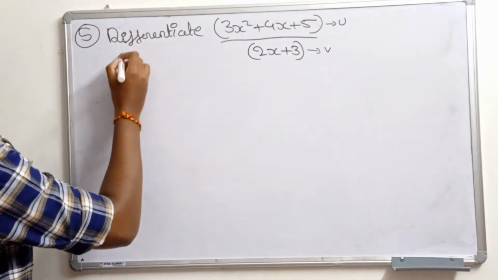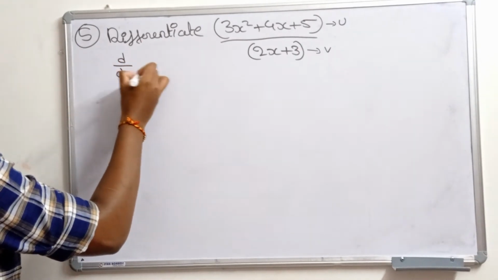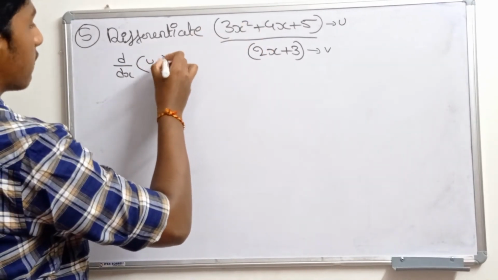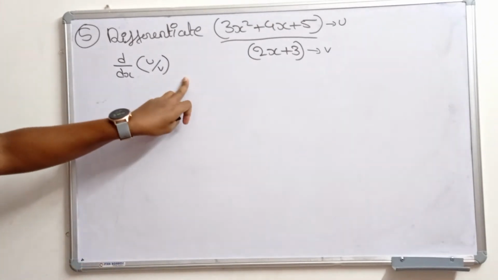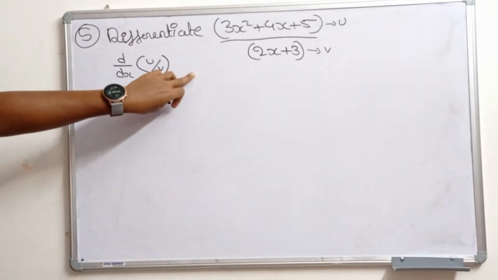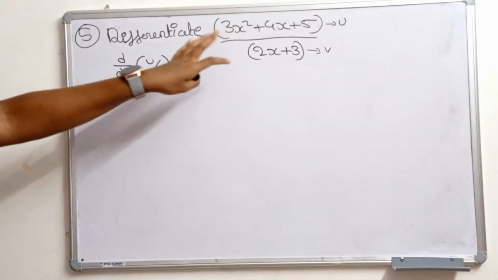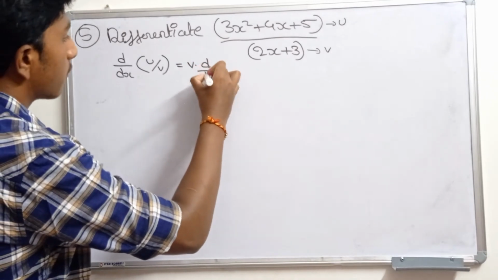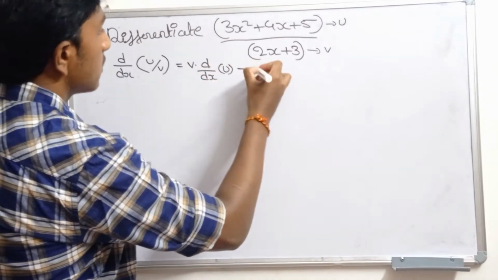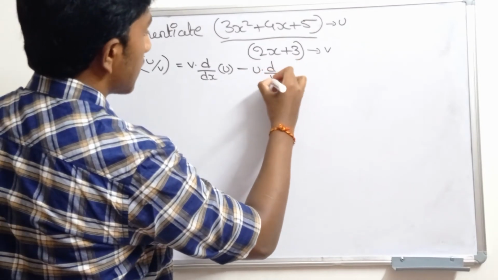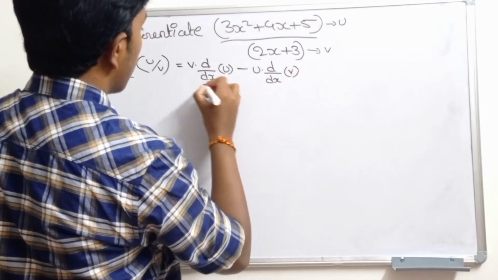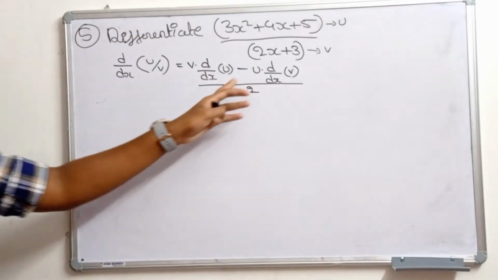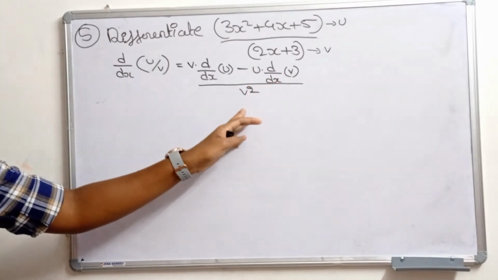So, differentiate means you can write d by dx, differentiating with respect to x. It's given in the question. So d by dx of u by v. I have explained the formula, guys, in the previous lecture. When you differentiate any algebraic question in this u by v form, you can write v into d by dx of u minus u into d by dx of v, by v square.